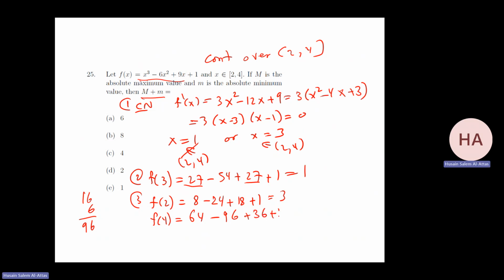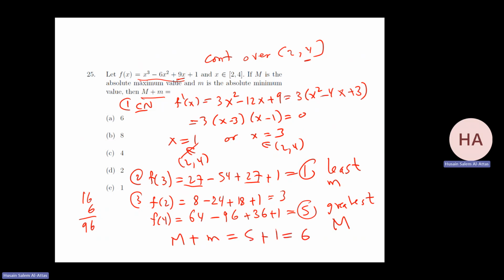Plus 1. The number is 4. It's 36 plus 64 minus 96 plus 1. This is 5. So this is the greatest, and this is the least. So this is capital M, this is small m. So capital M plus small m will be 5 plus 1, which is 6.